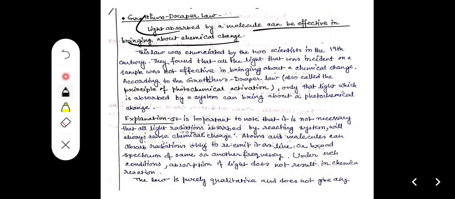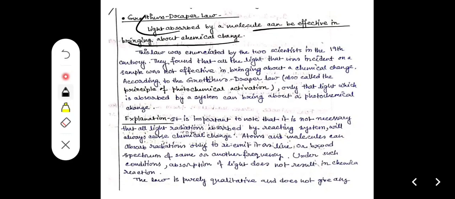But if there is no chemical change, this absorption is not effective. So the Grotthuss-Draper law suggests that light absorption can take place, but it is only effective when the absorption gives some chemical change, otherwise not.